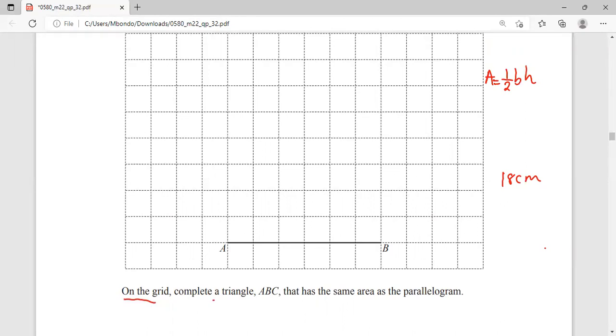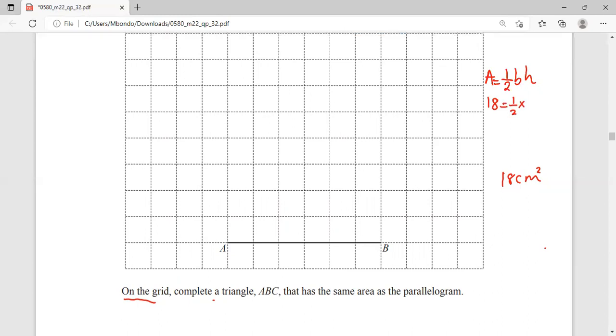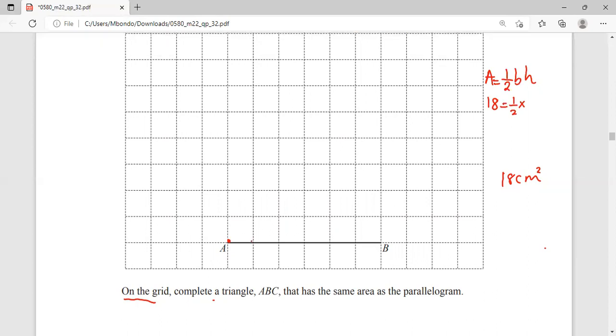So meaning the area, we are already told that it is supposed to be 18. So we can put 18 is equal to 1/2 multiplied by the base. What is the base? We can count here. 1, 2, 1, 2, 3, 4, 5, 6. So the base is 6 multiplied by height.